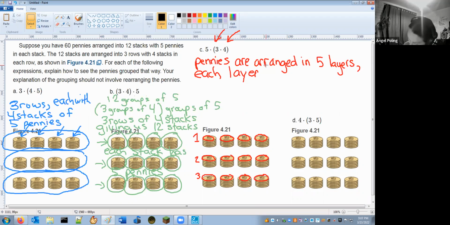I don't like it, right? But what we have is each layer has 3 rows of 4 pennies.